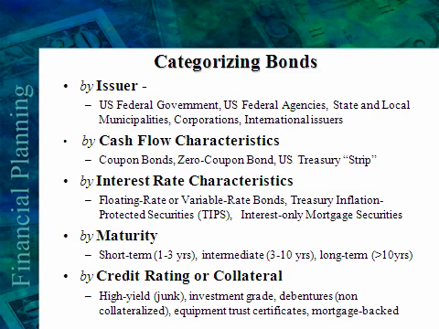By maturity: short term, for example 1 to 3 years, intermediate 3 to 10 years, long term greater than 10 years. By credit rating or collateral: high yield or junk, investment grade bonds, debentures, which are non-collateralized, equipment trust certificates, mortgage-backed bonds.